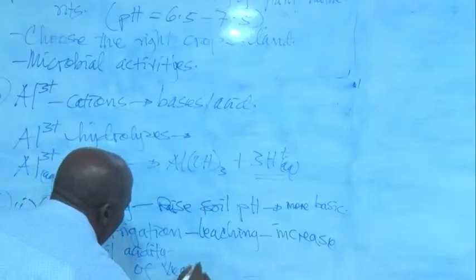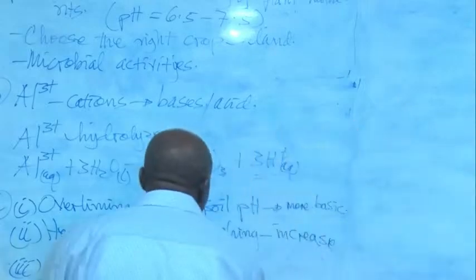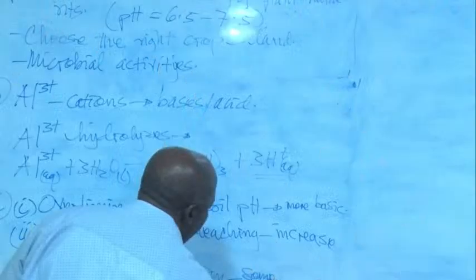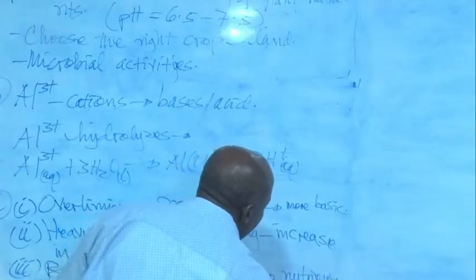Another one is burning of vegetation. How can burning of vegetation affect the soil for crop production? Burning of vegetation can result, first, in removal of some nutrients in the form of gases.